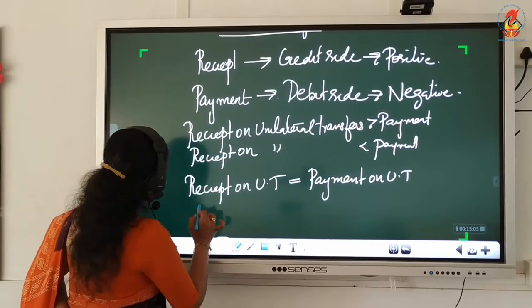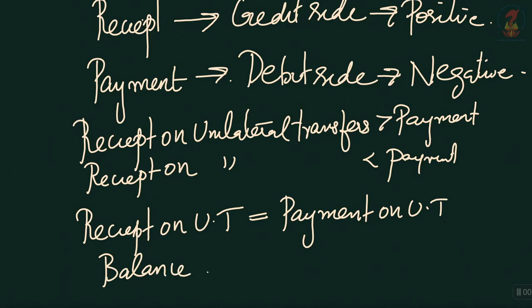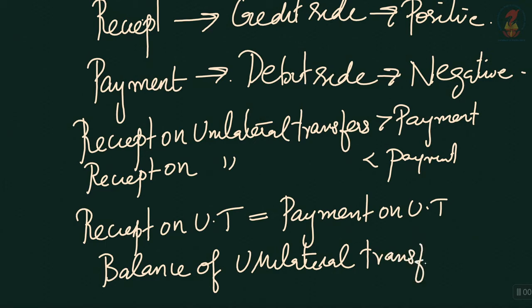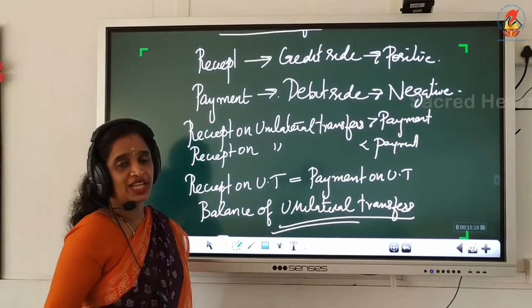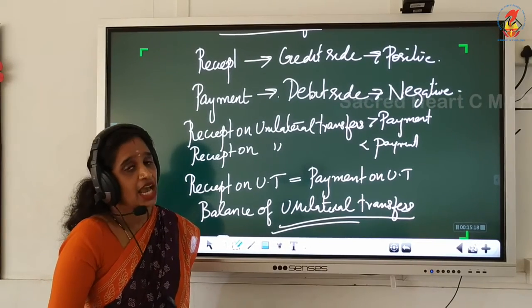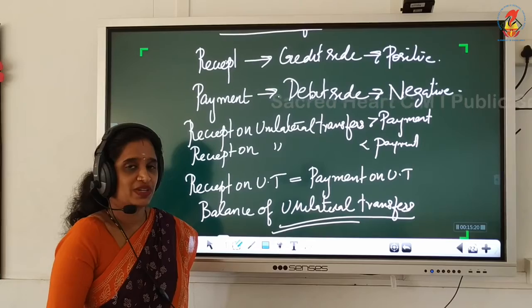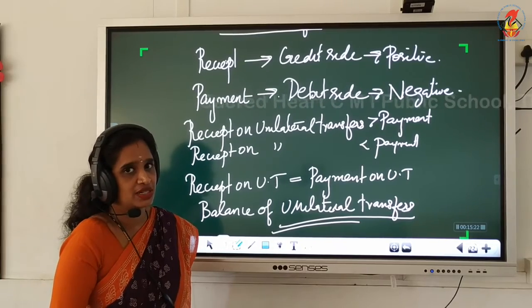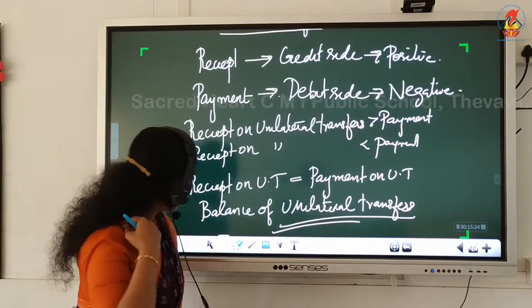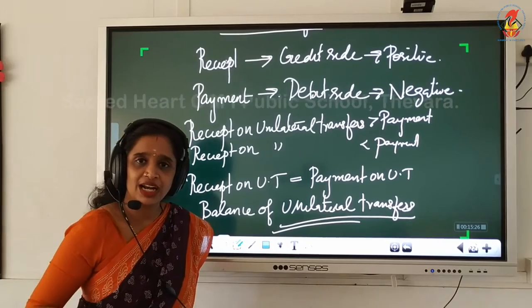So, thus we can write here as balance of unilateral transfers. Because both receipt on unilateral transfer that we are getting and payment on unilateral transfer, the financial assistance that we are giving to other countries, both are equalized. Therefore, we can write it as balance of unilateral transfer.